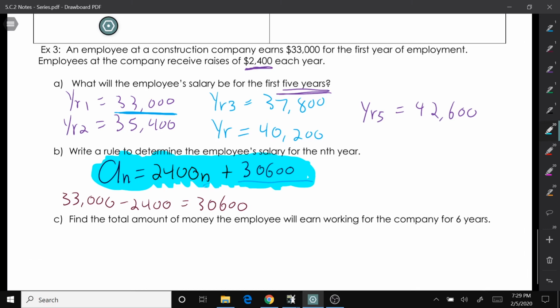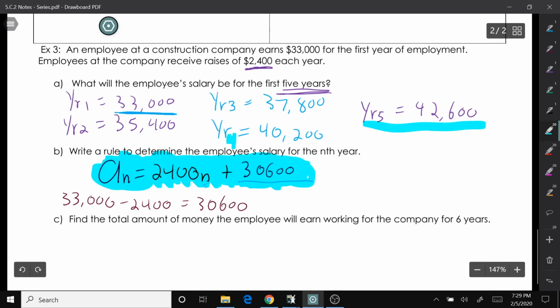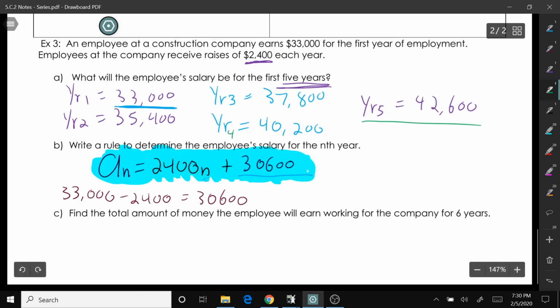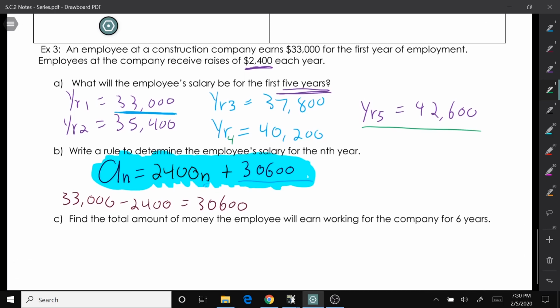If you plug in 5 for that function, we should get 42,600. If we plug in 4, we should get 40,200. Right. So again, double check.